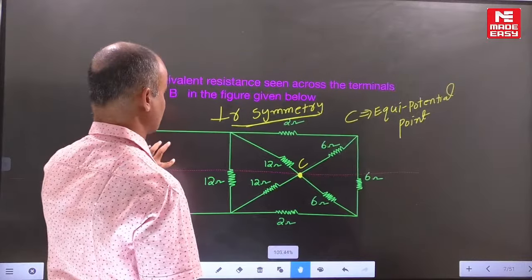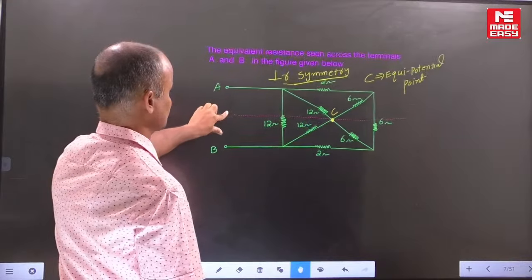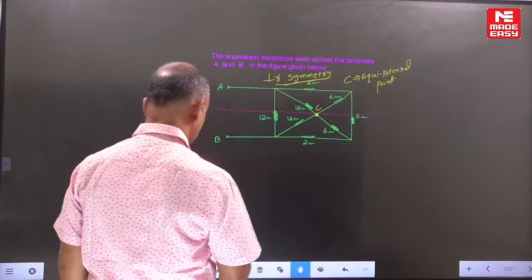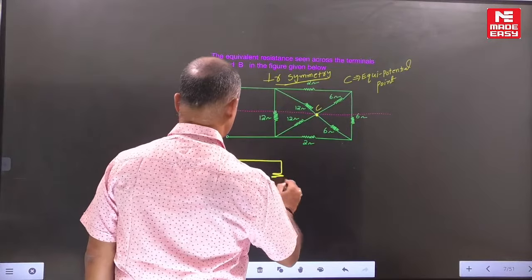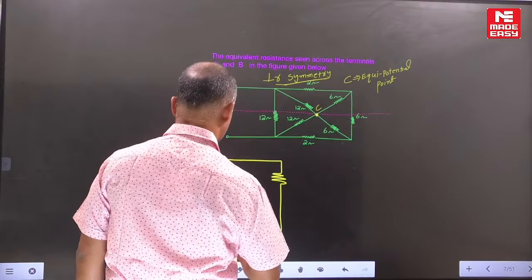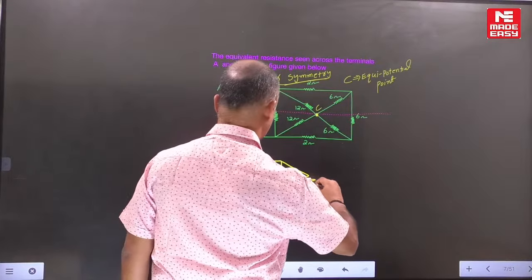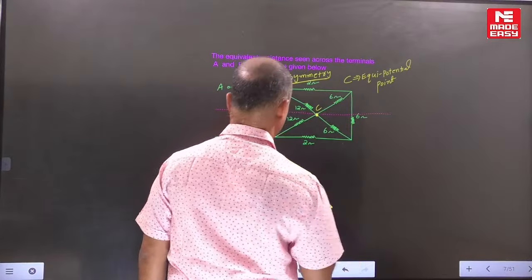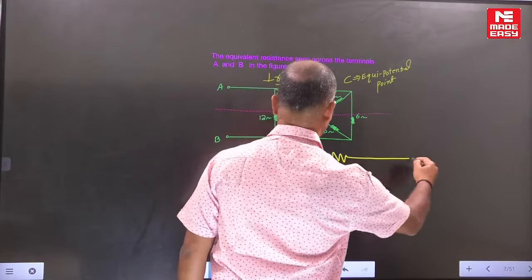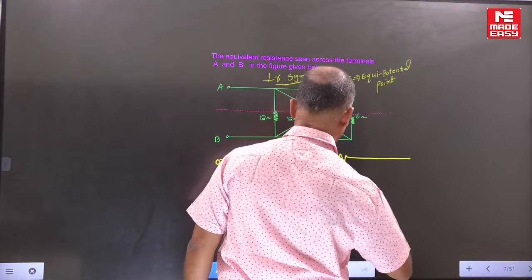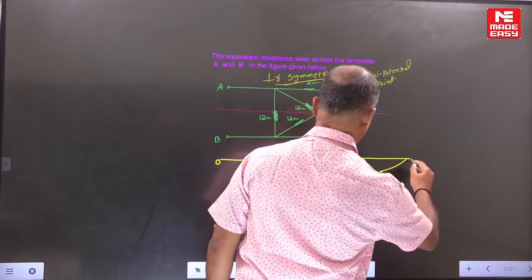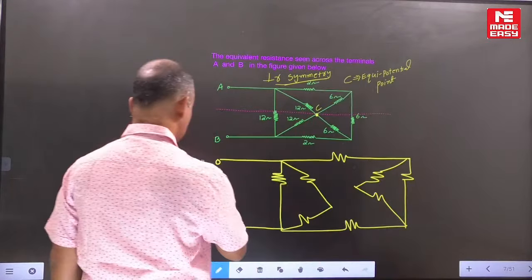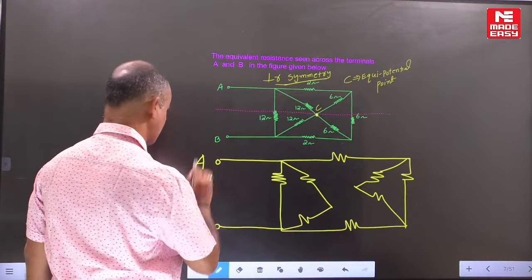If you disconnect this one, the same figure, in this one we are going for the perpendicular symmetry concept.